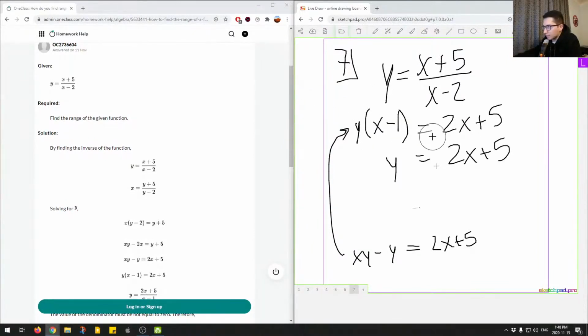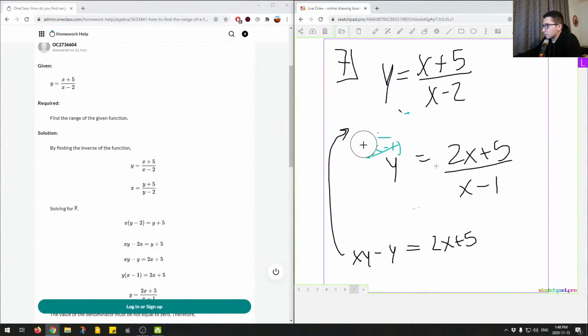We'll divide by x minus 1 on both sides of the equation. These two cancel out, and we're left with y on the left, and we still have 2x plus 5 divided by x minus 1. So this is what we end up with.